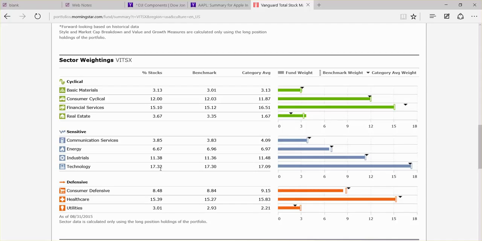The technology sector is the biggest sector. So if you wanted to be invested proportionally and represent the overall US stock market, they're actually doing a pretty good job. When I compare them to the benchmark, which is basically the US stock market, I can see that their percentages are pretty much in line.